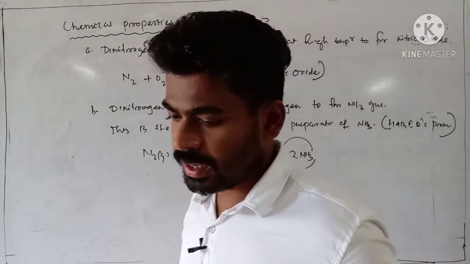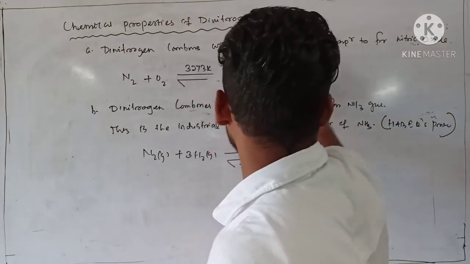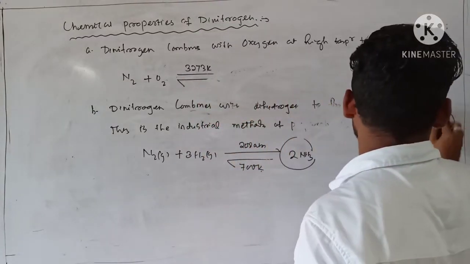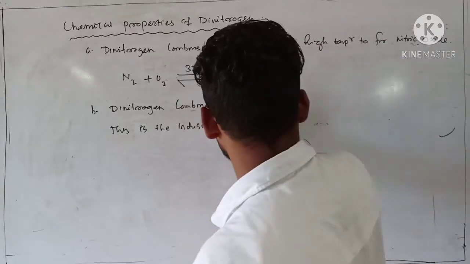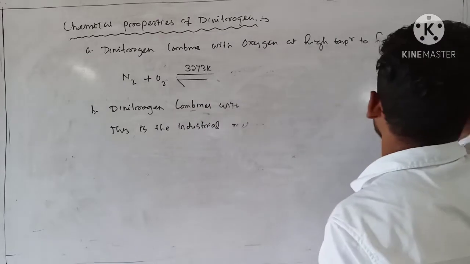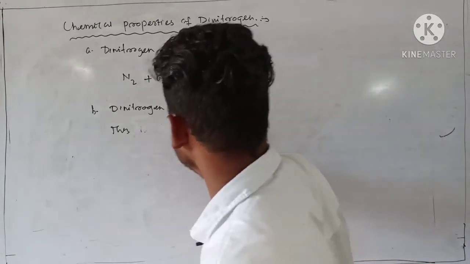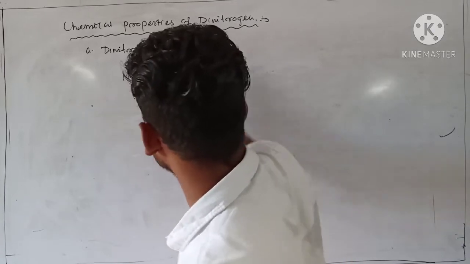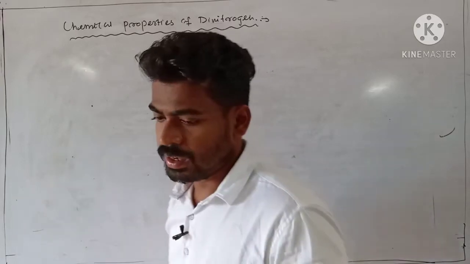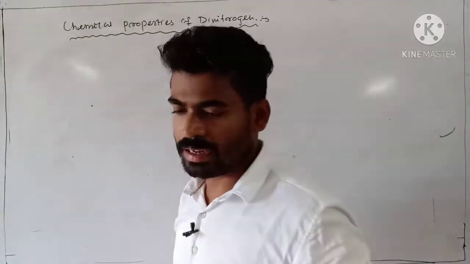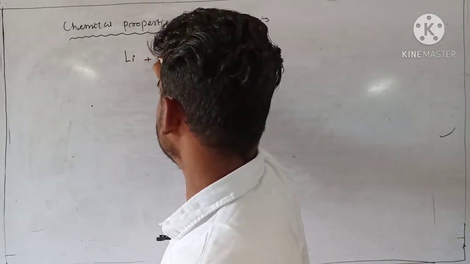Next, dinitrogen combines with metals. Let me vanish it first clearly so that it will be visible to all of you. Dinitrogen combines with active metals, like suppose lithium plus N2.